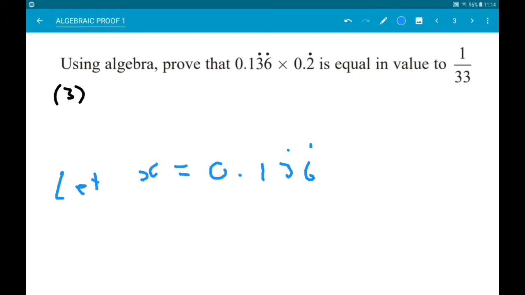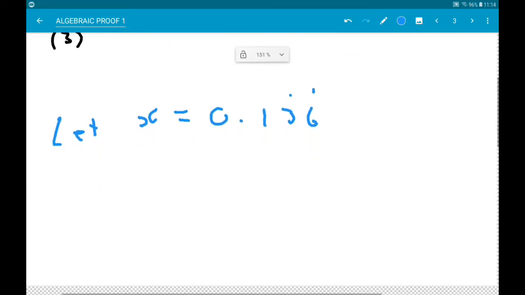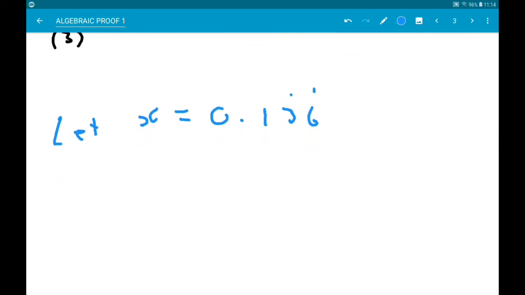So at the moment it's not purely recurring because the 1 does not recur. This means 0.1363636, etc. So the first thing we're going to do is multiply both sides by 10. Now I'm going to leave a little bit of space, so we get 10x is 1.36 recurring.